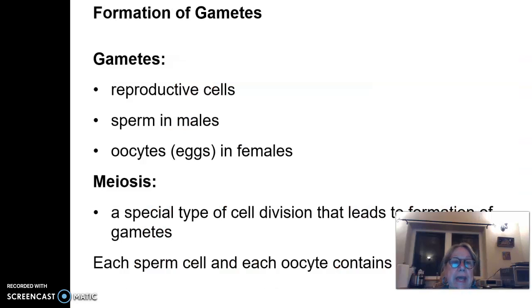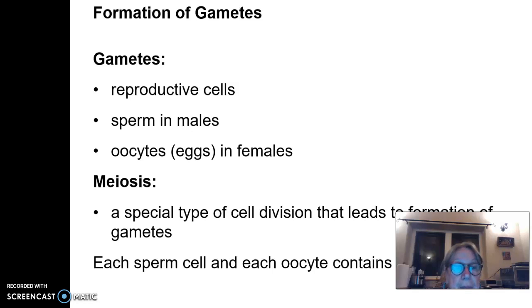The formation of the gametes, like I said before, they're reproductive cells: the sperm in the males and the oocytes, or eggs, in the females. The thing that you really need to know is the difference between meiosis and mitosis.